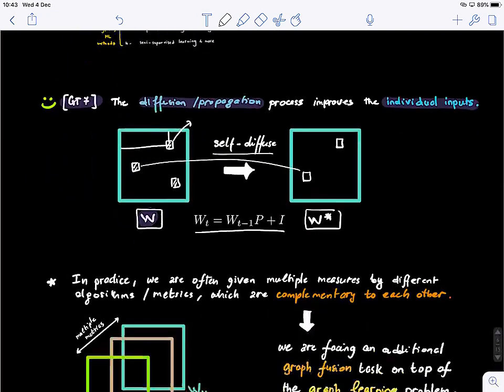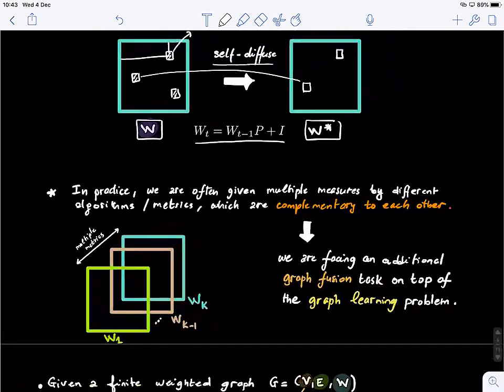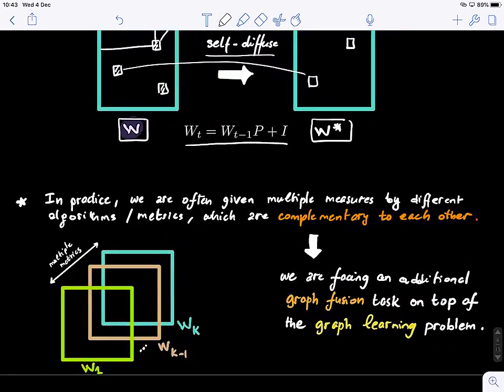Now, in practice, in real-world data, generally we don't have a single measurement of one sample. Okay, so we have multiple measurements. Using these multiple measurements, we want to design an algorithm that is able to merge all these measurements or all these representations of the data, knowing that these are actually complementary to each other.